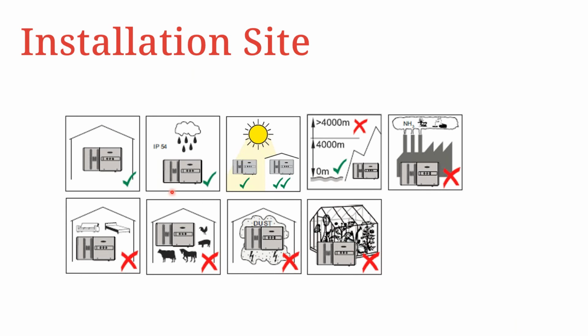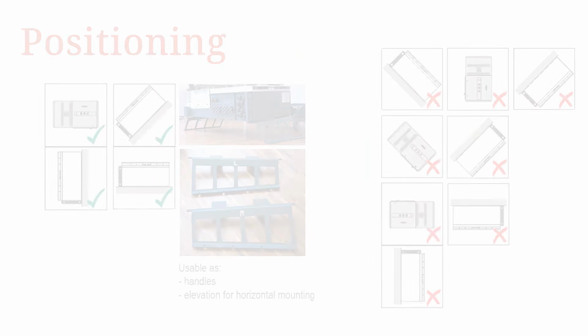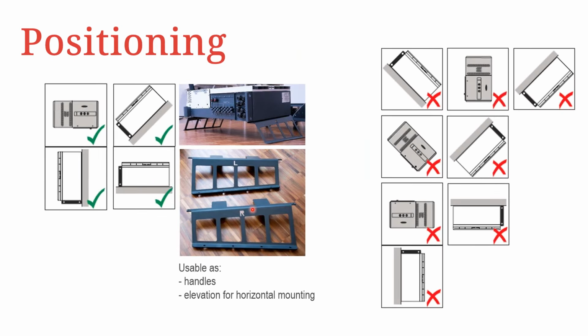Like I was mentioning, you can install it outdoors, but like mentioned before, it's better to have it under shade. And like I was mentioning in the previous slide, it's possible to install the tower horizontally. As you can see, this is aided with an extra accessory, which is a floor mount bracket.